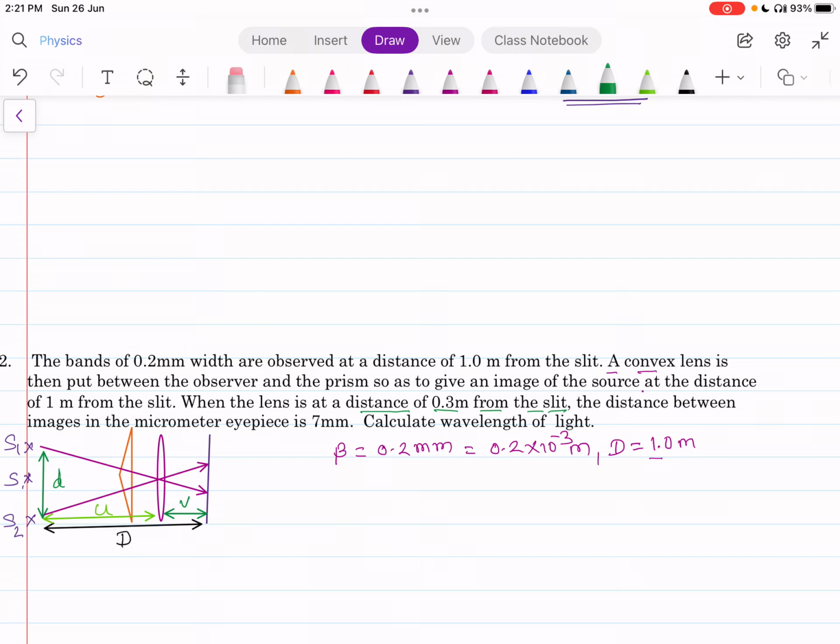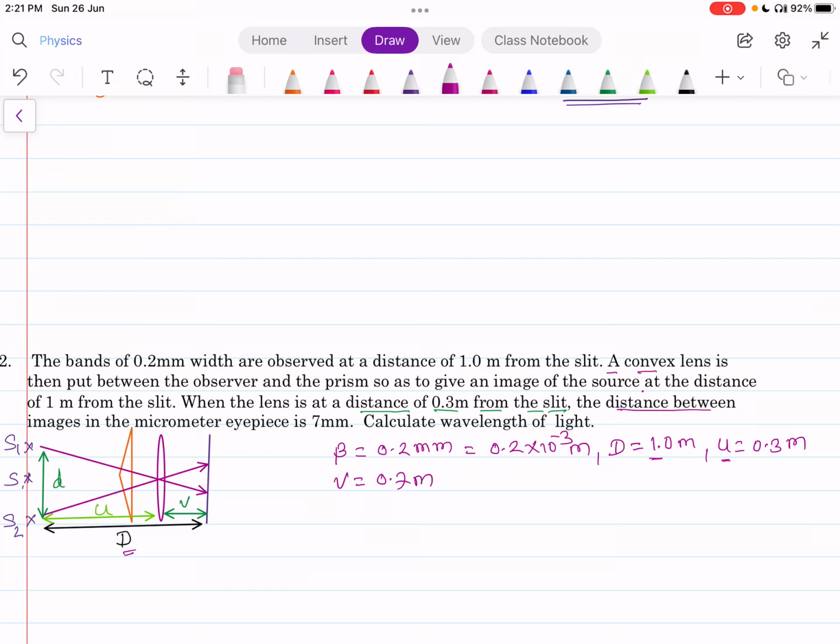So the value of U is given here. U is equal to 0.3 meter. And you can see in the diagram U plus V equals D. D is 1 meter, U is 0.3 meter, and so the value of V is equal to 0.7 meter.